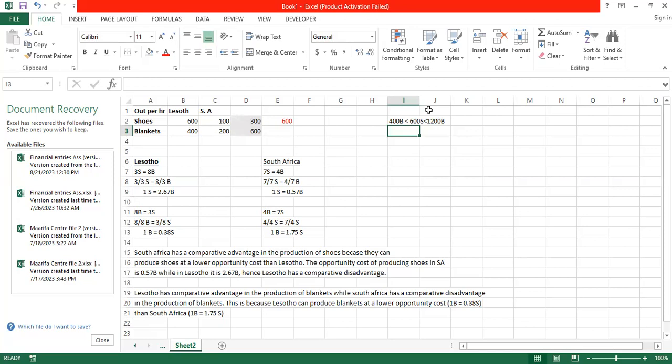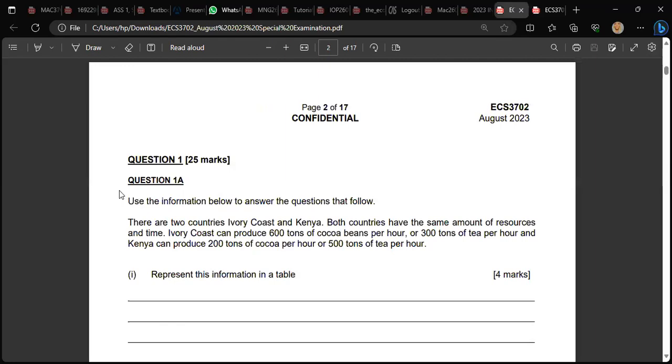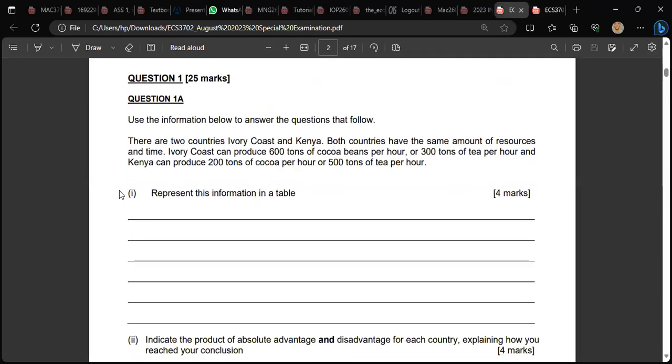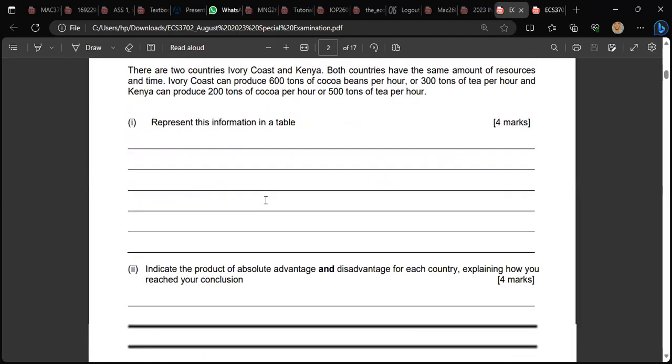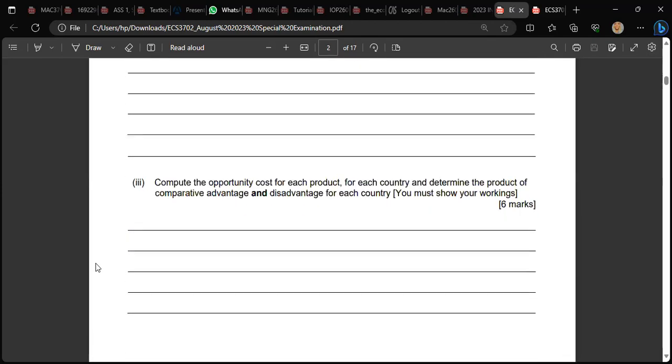All right. So next time we are starting off with this other one, because I noticed the one that was done now is slightly different. On this one, which we are going to be doing next time, we need to first do a table. Then after we do a table, then the product of absolute advantage and disadvantage, and explain how we got to that conclusion.